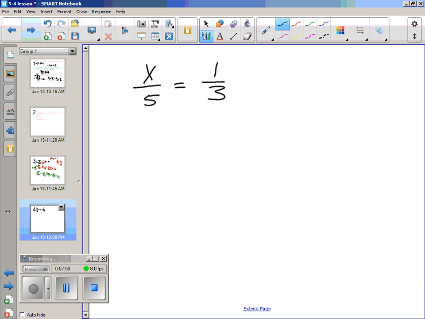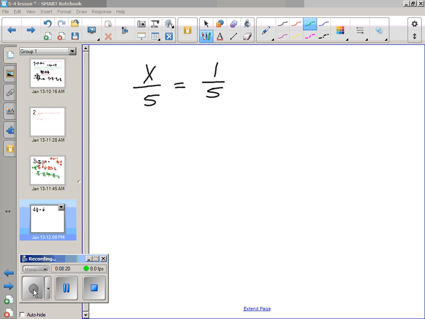X divided by 5 is equal to 1/5. Okay? X divided by 5 is equal to 1/5.